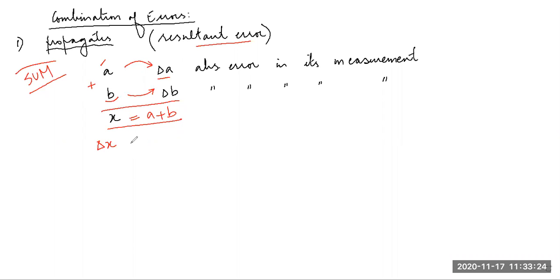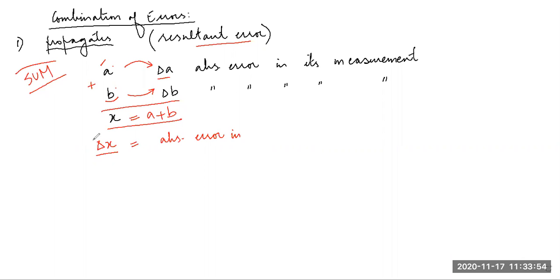So delta X is what? It's important to define delta X. Delta X is absolute error. Now I will not say in the measurement, because I have not measured X. I have physically measured A and B with vernier caliper, screw gauge, scale, whatever. But delta X or X, I have calculated, with my hand, with pen, on computer.